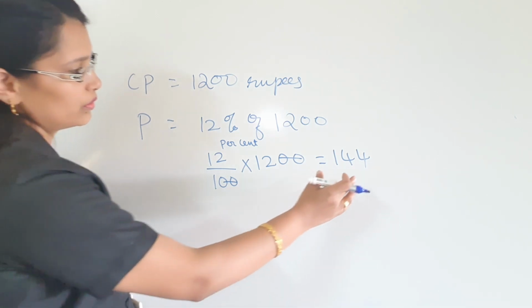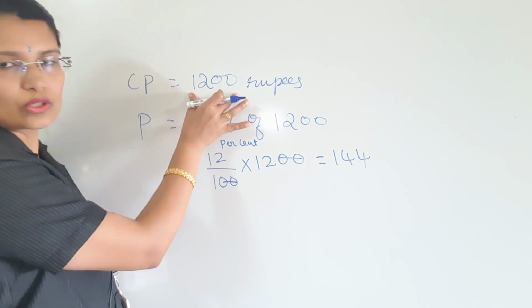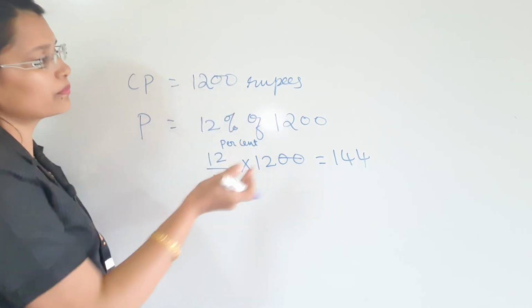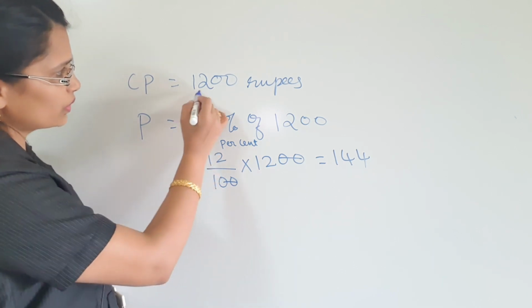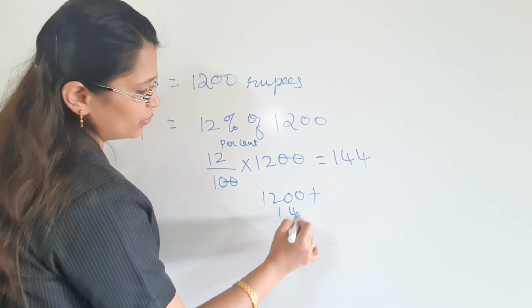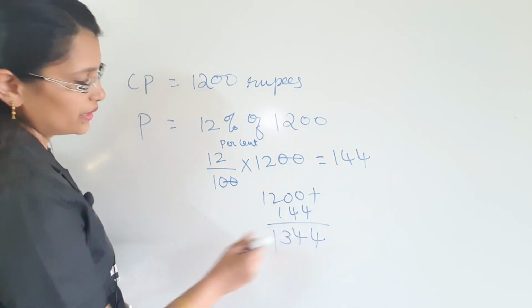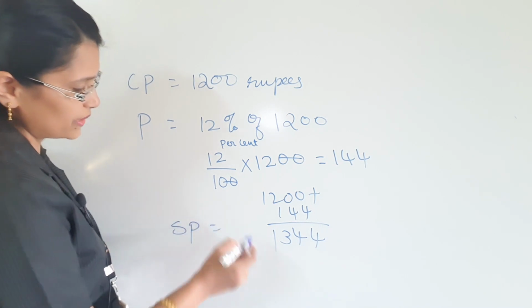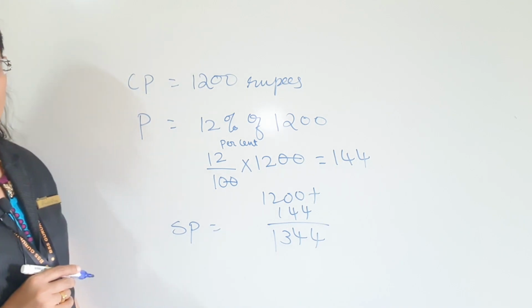Selling price is equal to this 12% profit plus this cost price. Then only you will get more amount than cost price, right? So 1200 plus 144 is equal to 1344. So selling price is equal to 1344.